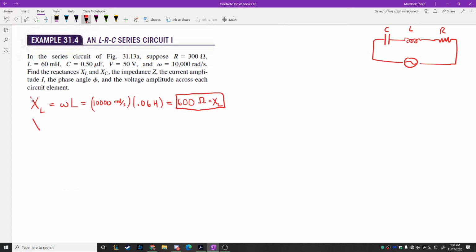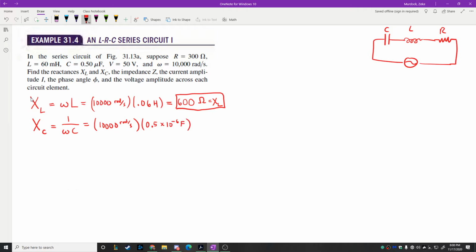We also want to find XC. XC is the inverse of omega C. So this is equal to 10,000 multiplied by C, which is 0.5 micro, so that would be 0.5 times 10 to the minus 6th.